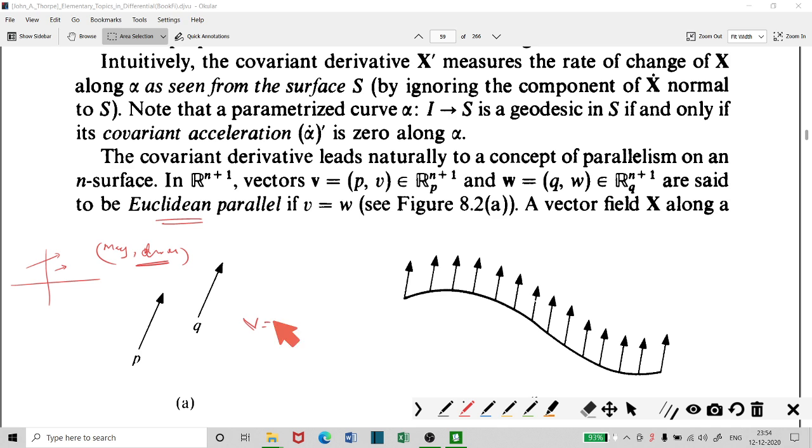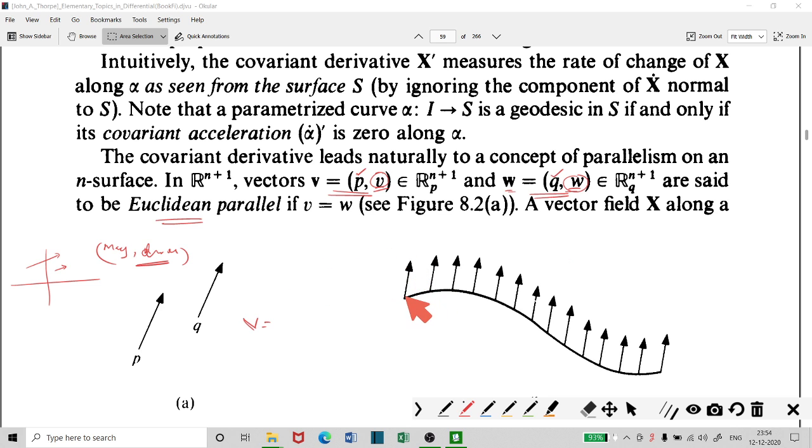Suppose we define two vectors, v equal to (p, v) and w equal to (q, w), where v is a vector at the point p and w is a vector at the point q. If the vector parts of these two quantities are the same, that is, v equal to w, then we can say that these vectors are Euclidean parallel.